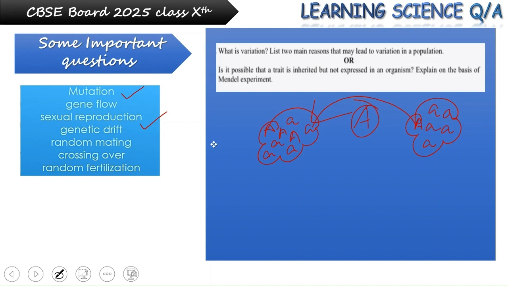It just migrates, it just moves from this population to this population, and this will make the B population, or this X population, have only one kind of allele, which is A. Whereas in the population X, we'll have both kinds of alleles, and this is one kind of change that could take place because of gene flow.